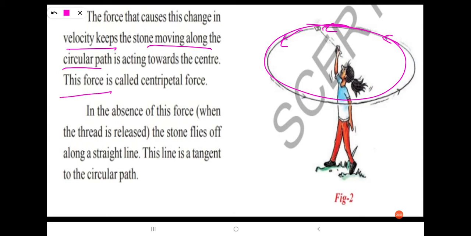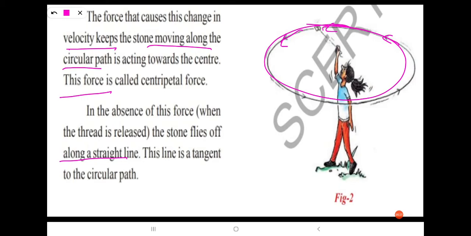So this force is called centripetal force. In the absence of this force, that means when the thread is released, the stone flies off along a straight line.